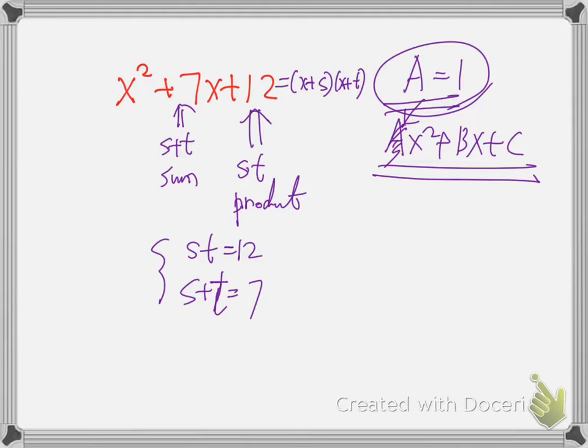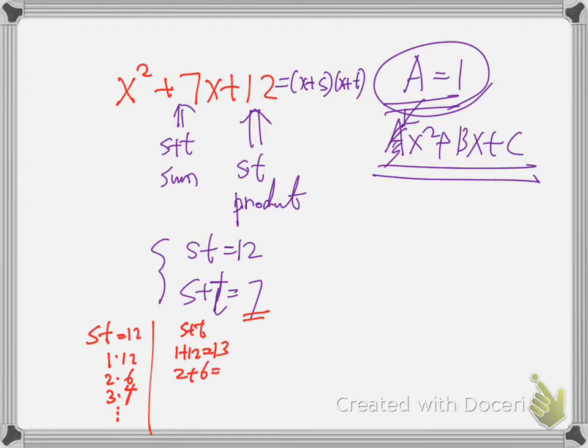We list all the possibilities for 12, where s times t is 12. It could be 1 times 12, 2 times 6, 3 times 4, and they have some negative numbers too. We check the sum to get 7. 1 plus 12 is 13, wrong. 2 plus 6 is 8, wrong. 3 plus 4 is 7.